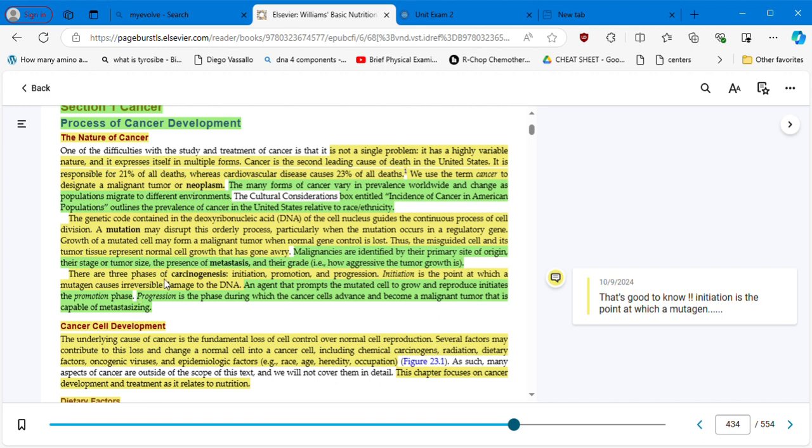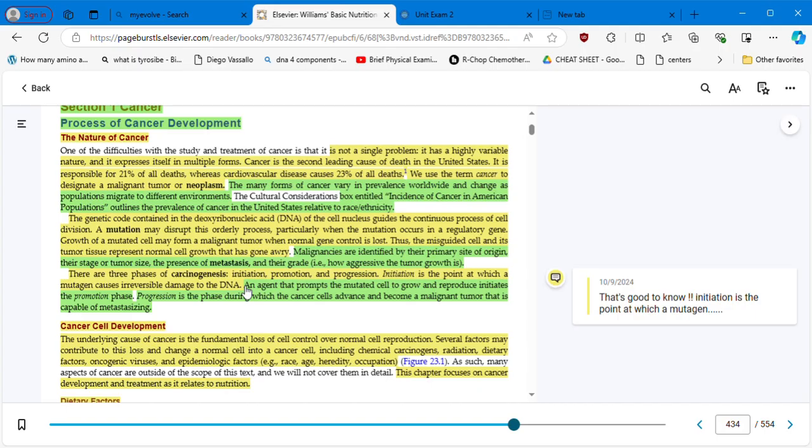There are 3 phases of carcinogenesis. Genesis, the creation of cancer, 3 phases. Initiation, promotion, and progression. Initiation is the point at which a mutagen causes irreversible damage to the DNA.